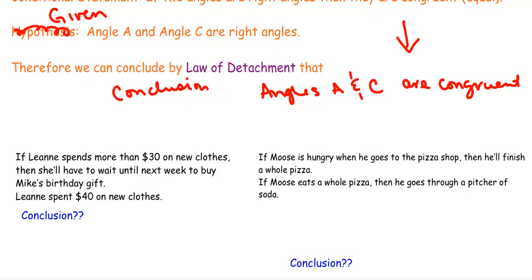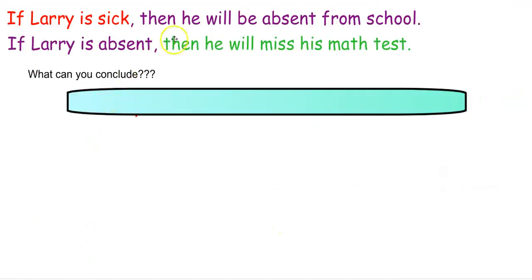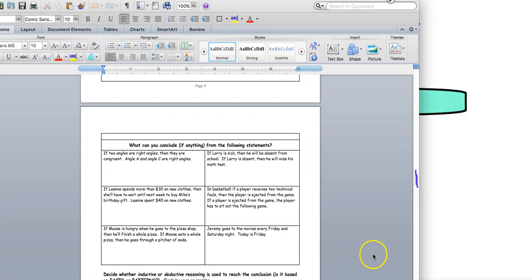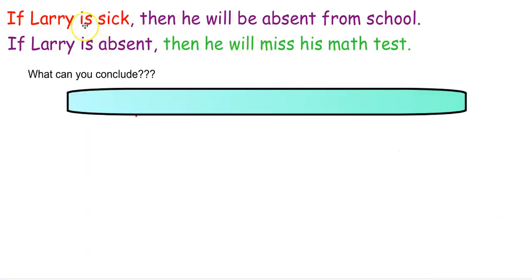So then if we look at this next example, and I'm just trying to make sure I'm going with your packet, if Larry is sick, then he will be absent from school. If Larry is absent, then he will miss his math test. So again, right here, this is the law of syllogism. We have a P to Q statement, and then notice the repeat statement, absent, absent.